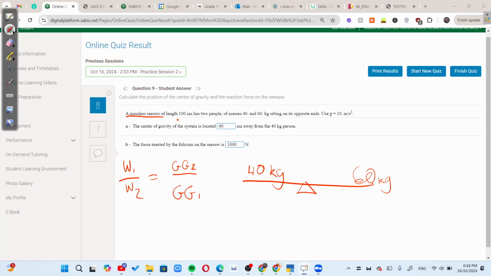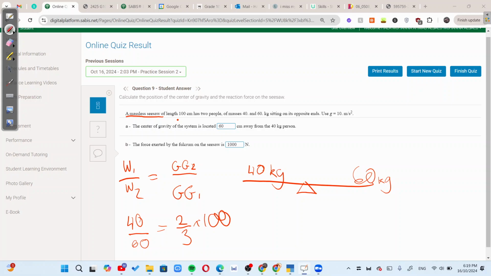Weight 1 we calculated is 40 kilograms, so it's 40 over 60. Here you don't have to actually calculate weight because you're taking a ratio. You could just take the ratio of the masses, which equals 2 over 3, and you find it with the centers of gravity. So you're going to multiply this ratio by your entire length, which is 100.